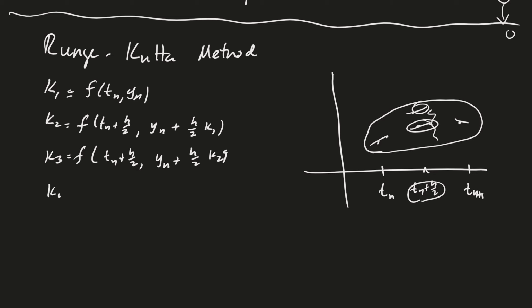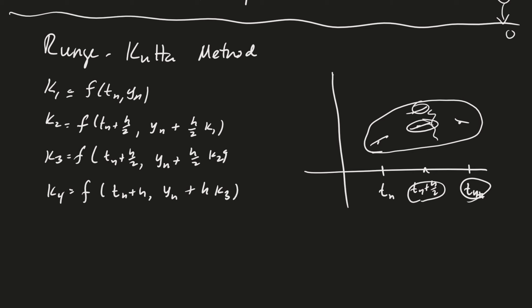And then finally K4 is taking the estimate out to Tn plus h now, all the way to the end, and then Yn plus h times K3.